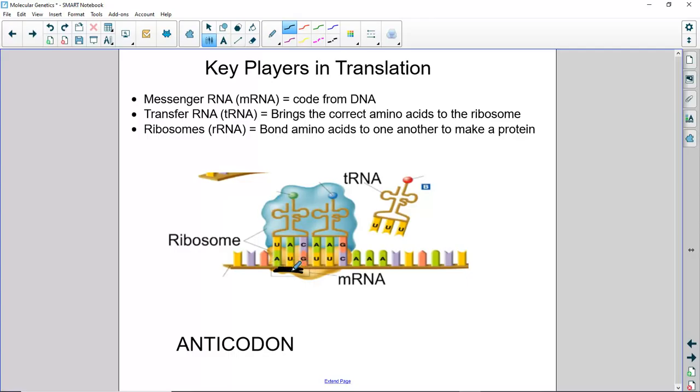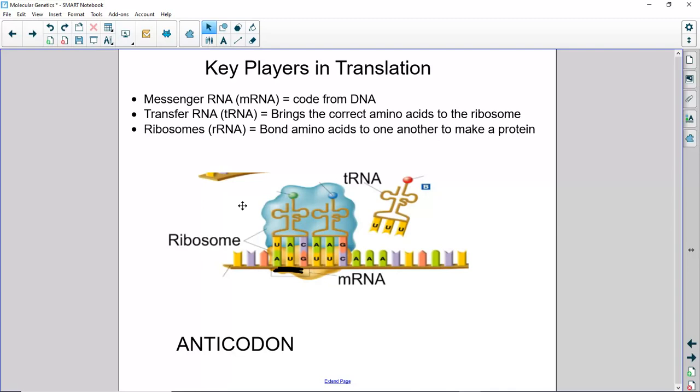Now, again, remember the AUG codes for an amino acid, which is the green in this diagram here. So each anticodon or tRNA molecule contains the complementary amino acid for that codon, which came from the DNA code.